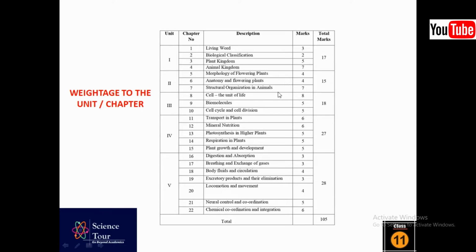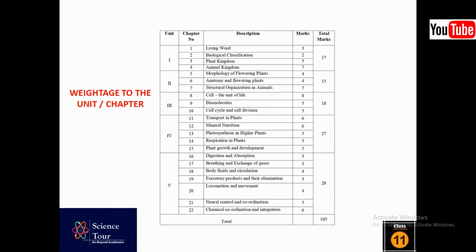Out of that 5 marks, that means one 3 marks question and one 2 marks question, or a combined 5 mark question. Then comes the animal kingdom, total 7 marks. Out of that 7 marks, one 5 mark question may come and one 2 marks question may come. Slightly the distribution of the marks within the chapter may vary.